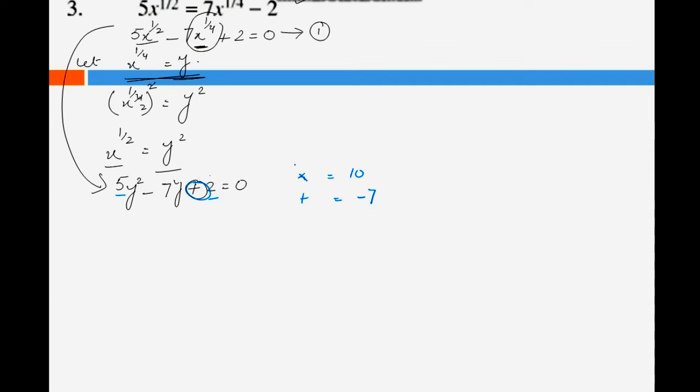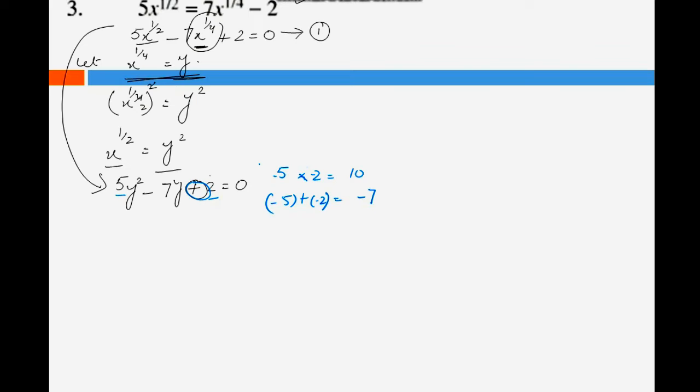So these two digits are minus 5 and minus 2. Minus 5 and minus 2 will give me 10 after multiplication, and after addition it will give me minus 7.